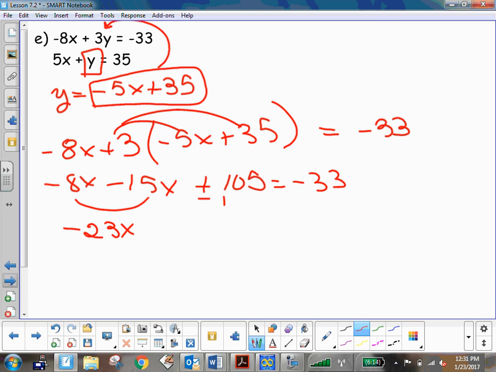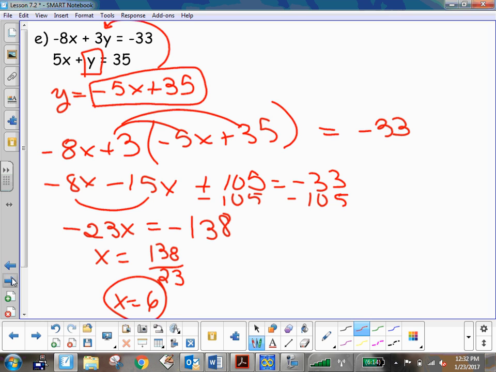If I subtract 105 from both sides, I'm going to get negative 138. Did I do a math mistake? Okay. So what is x equal to? 138 over 23, which is 6. Comes out pretty.